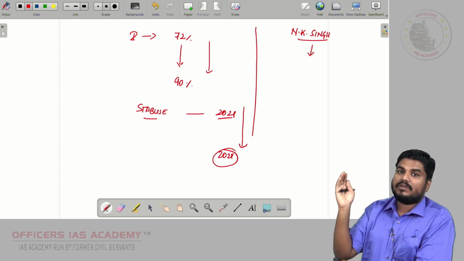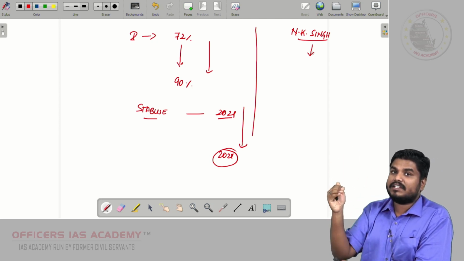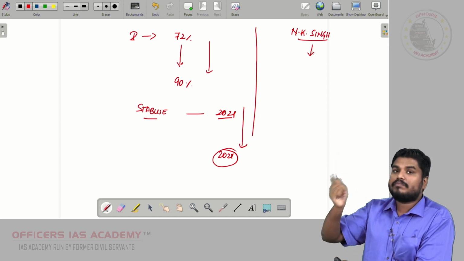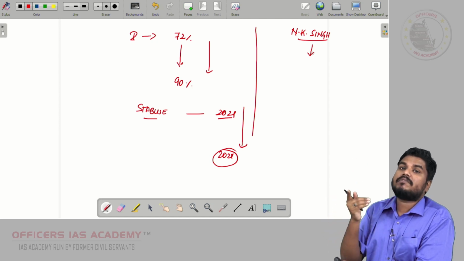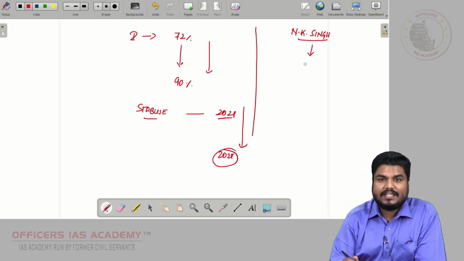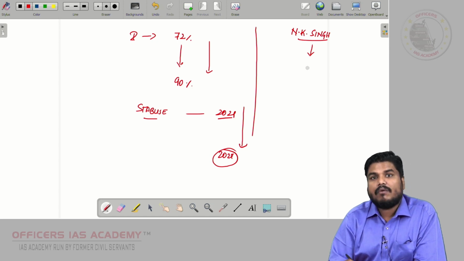Year after year we are putting compulsion on government to reduce the fiscal deficit and the revenue deficit. But NK Singh was saying we should also put pressure on government to reduce the total outstanding debt, to reduce the public debt. So, he said that the government's outstanding debt should be brought down to 60% of GDP.